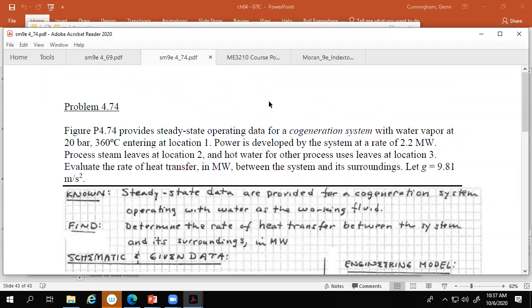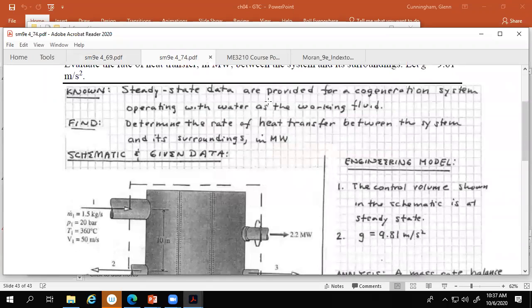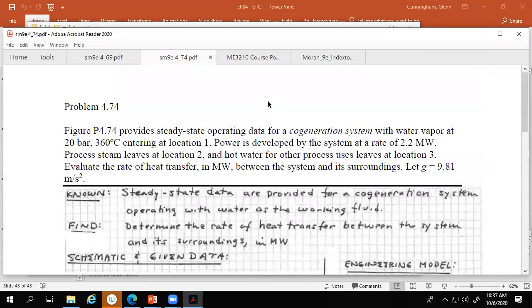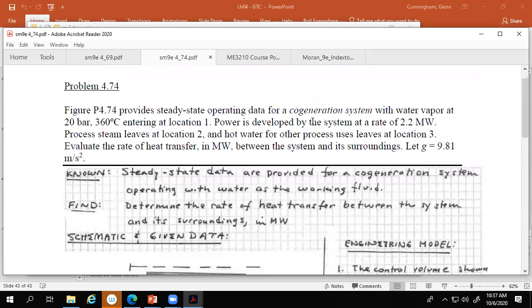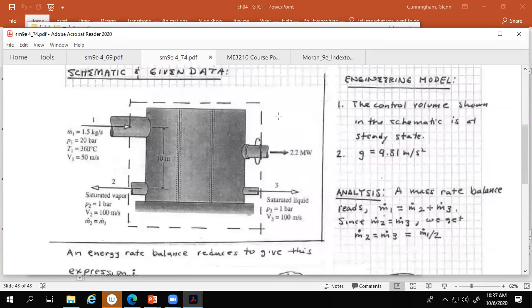Okay, this is what we call a combined heat and power system, CHP, or cogeneration. He uses cogeneration, combined heat and power, same thing, different terms for the same thing. The idea here is that in cogeneration, we have one energy source, one boiler, one something that's providing high temperature, high pressure stuff.